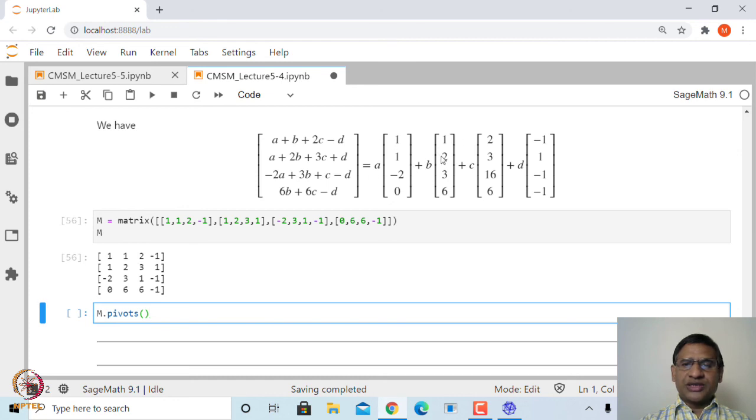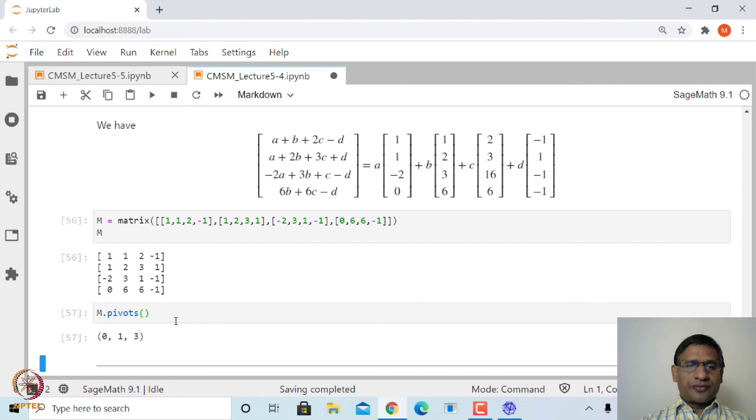You can also find the pivots of M. The pivots in this case are 0, 1 and 3. 0 means the first vector, 1 means the second vector, and 3 means the fourth vector. So the first, second and fourth vectors form a basis for this subspace. That is what it means.